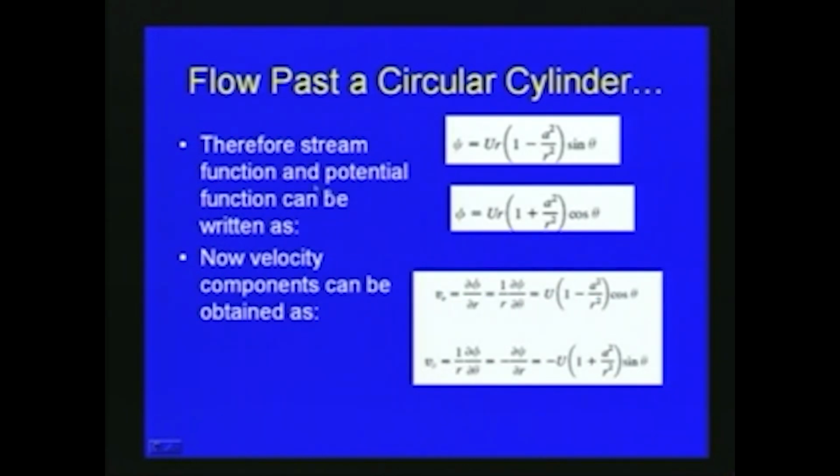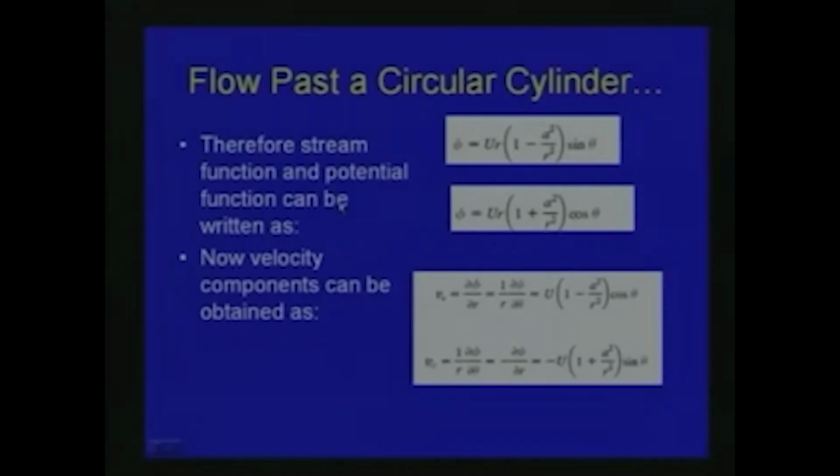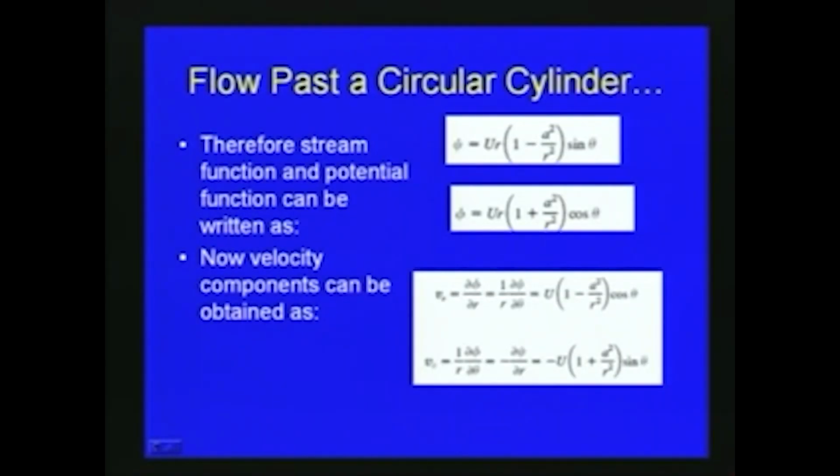Therefore, as far as flow past a circular cylinder is concerned, the stream function and potential function can be written as psi is equal to u r into 1 minus a square by r square sin theta, and the velocity potential phi is equal to u r into 1 plus a square by r square cos theta.